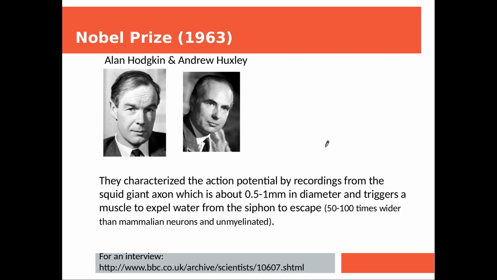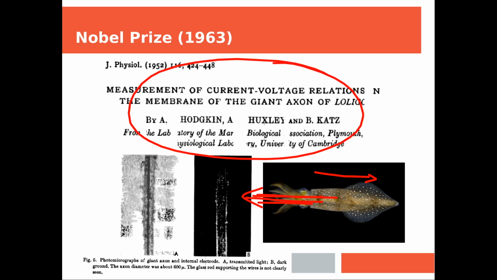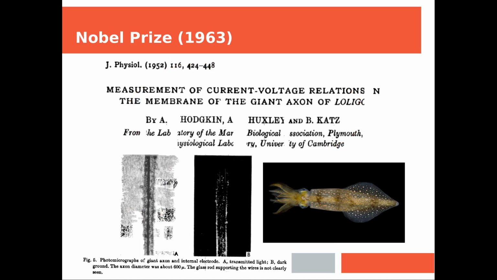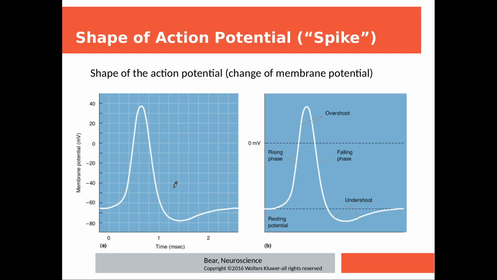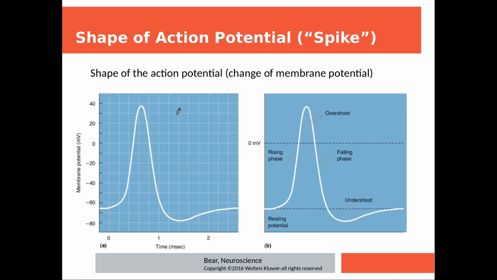Usually you can't see cells or axons with your eyes. It's used by the squid to shoot water out the back and to move the squid, right? So this is the paper. They described the action potential happening in the axon of this squid, and they won the Nobel Prize for it. The paper was in 1952 in the Journal of Physiology.